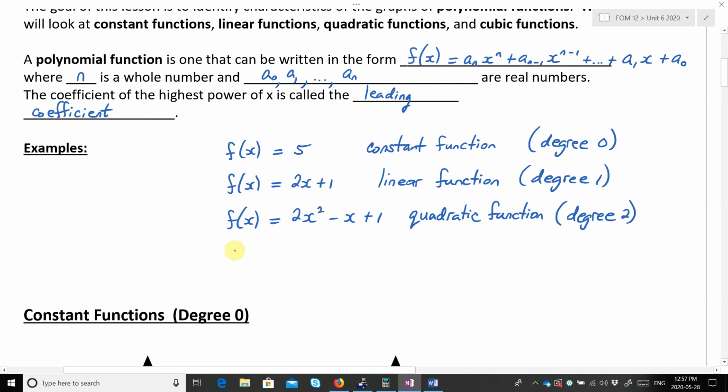Another example is 4x cubed plus 3x squared minus 2x. This is called a cubic function.